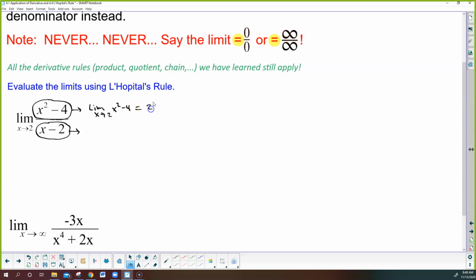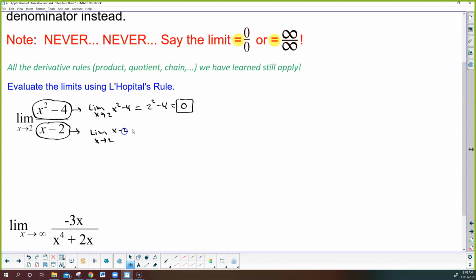Then we're going to just plug in 2 squared minus 4, which is 0. So I just showed that the top limit went to 0. Now notice, I'm not putting a divide bar either. I'm just saying, now I have to show the bottom limit.